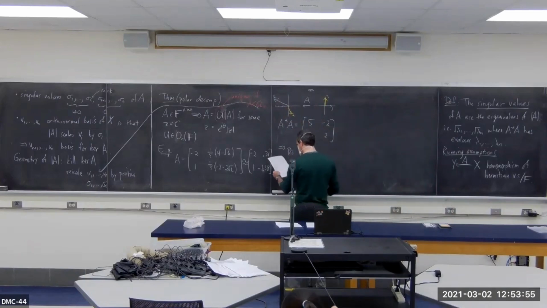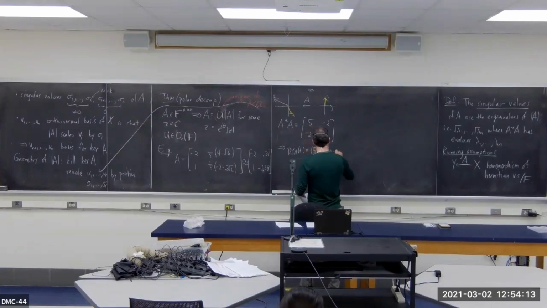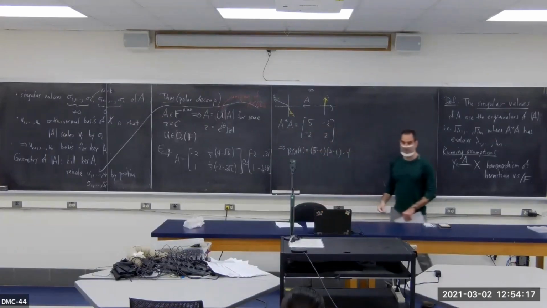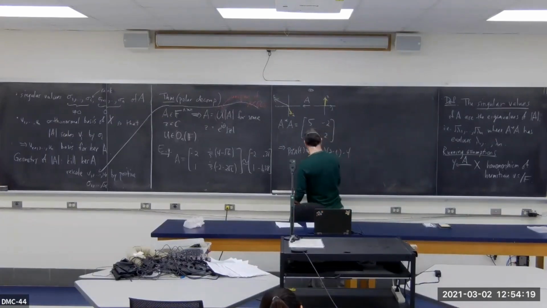Well, you have to calculate the characteristic polynomial, right? So let's see, where am I on the page? I'm over there. So p_{A*A}(t) is going to be (5 minus t) times (2 minus t) minus 4. Agreed? What's that?